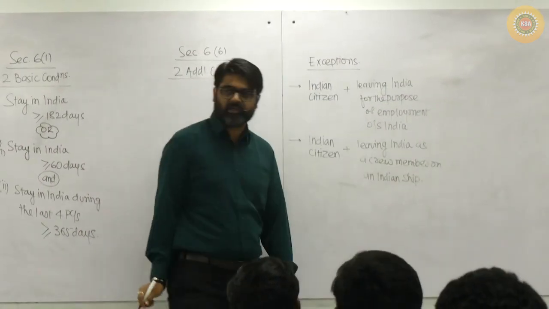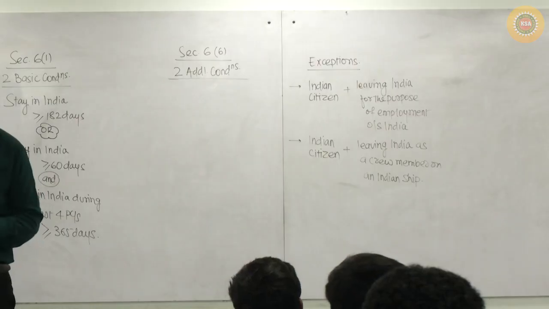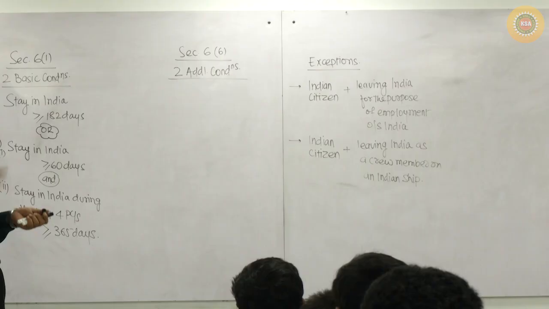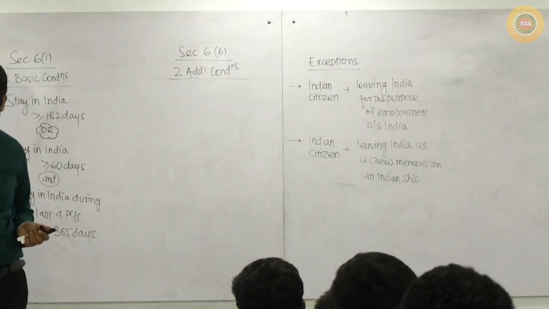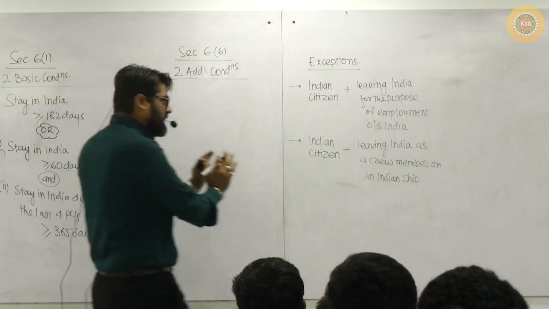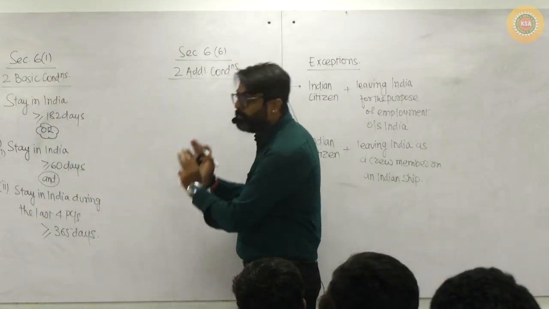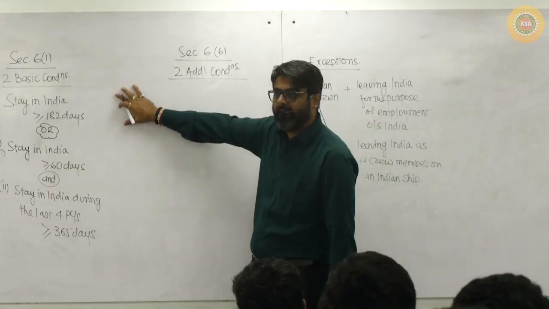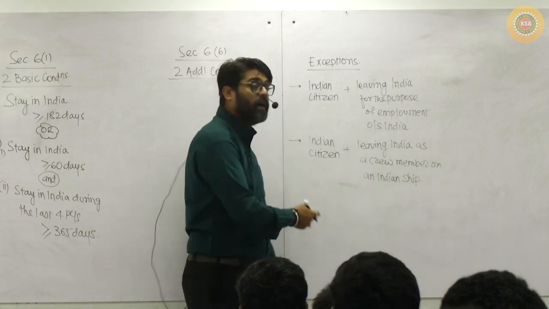So, there is an Indian ship on which you are leaving the country. Are you going outside the country? Yes. Going on an Indian ship? Yes. But you are going as a crew member of that ship. So, for such Indian citizens also, basic condition B will not be checked. Only check basic condition A and determine whether he is a resident or not. Next one.